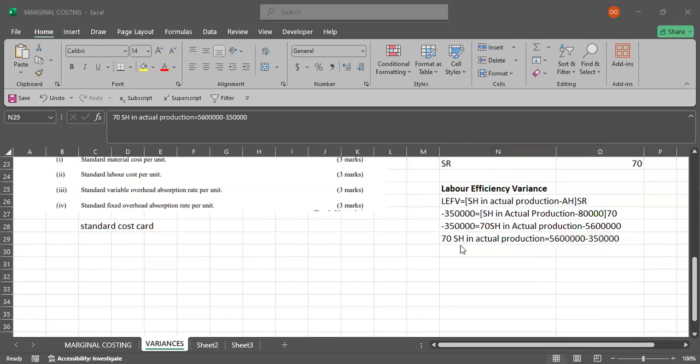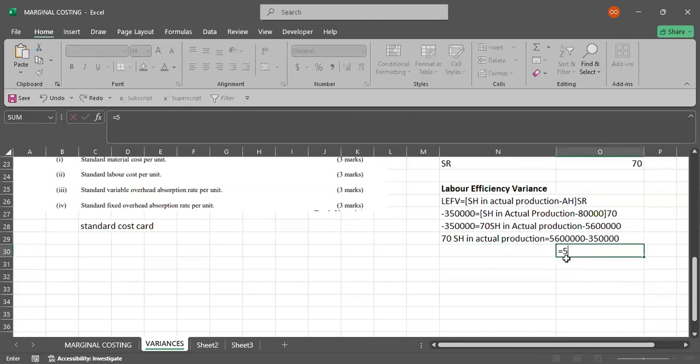Nice. So we've been able to see where the problem is. So when you have 70 standard hours in actual production, let's first of all deal with this side of the bracket, right? So that side of the bracket, we are talking about 5,600,000 minus 350,000, right? So that will give us 5,250,000. Now, that one is equivalent to 70 standard hours in actual production.